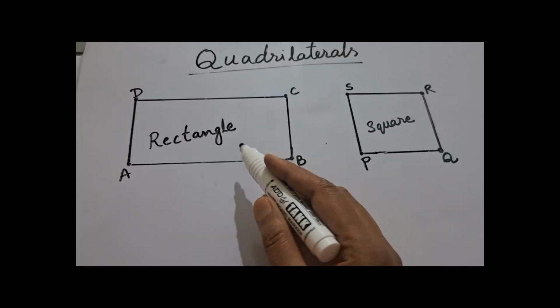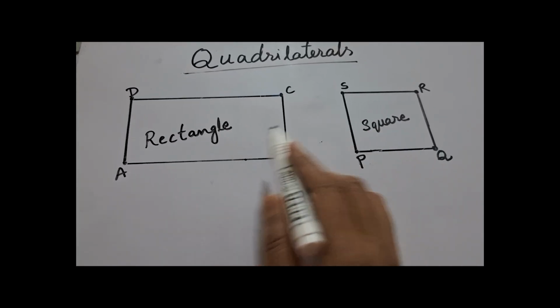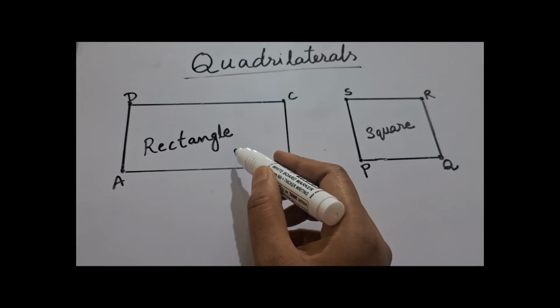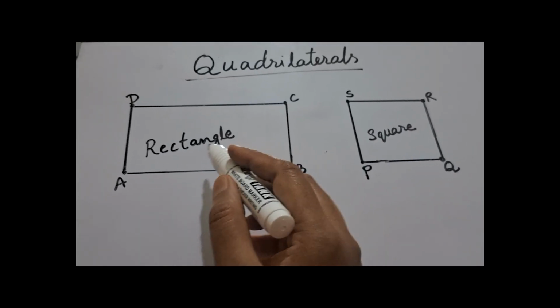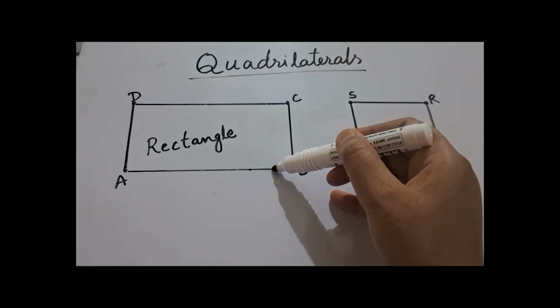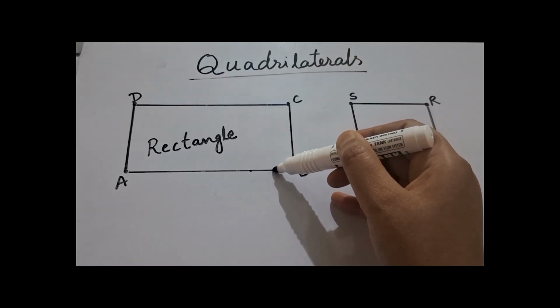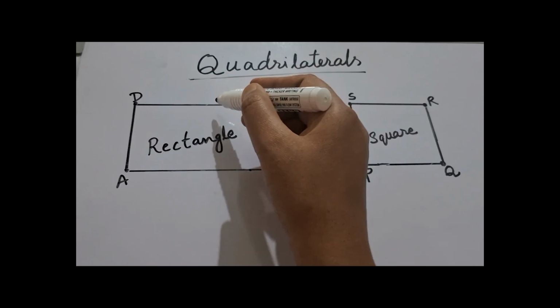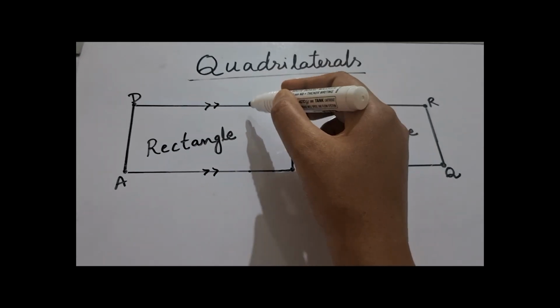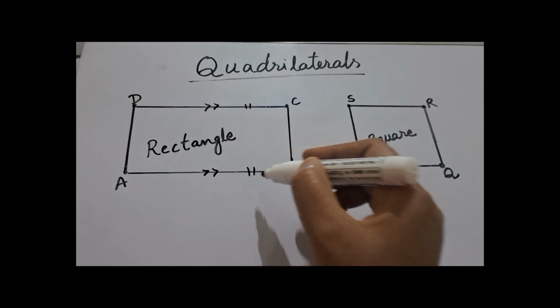Here we can see that children, these two are quadrilaterals. Now when we talk about this type of quadrilateral, this quadrilateral's opposite sides are equal and parallel. Okay children, they are parallel as well and also they are equal in their lengths.